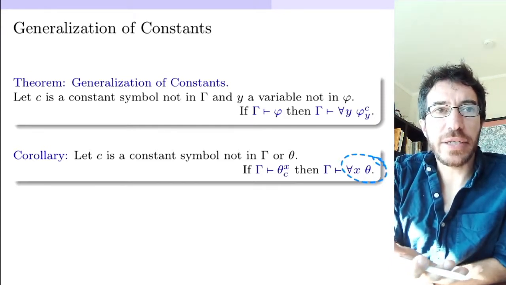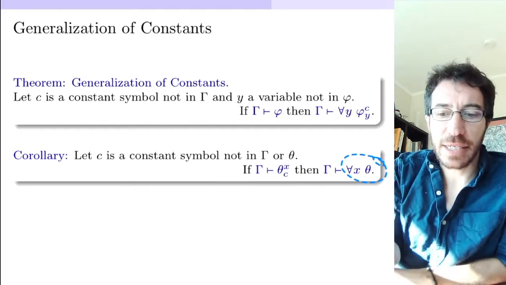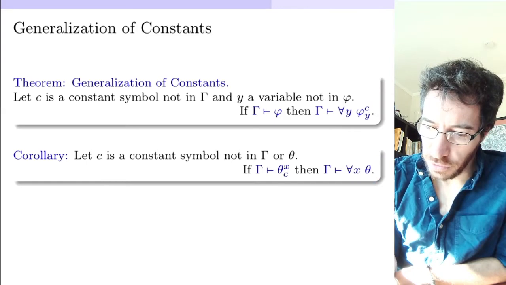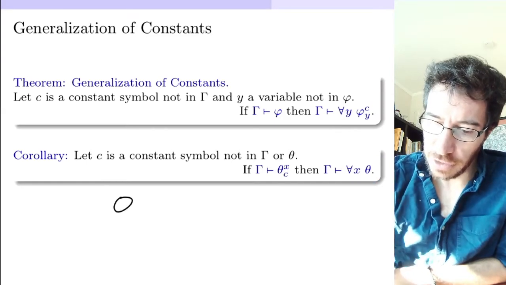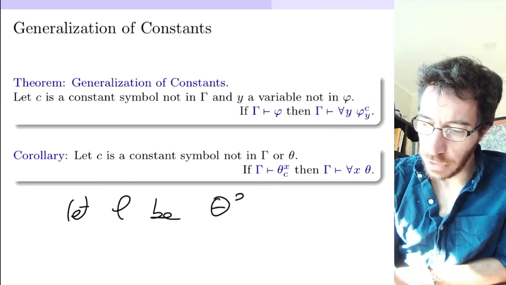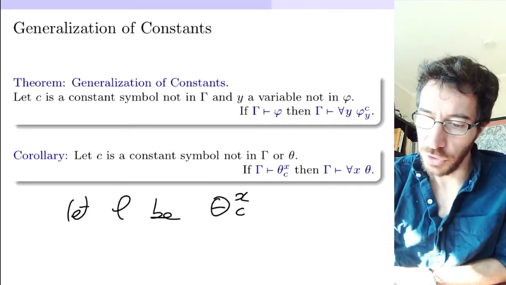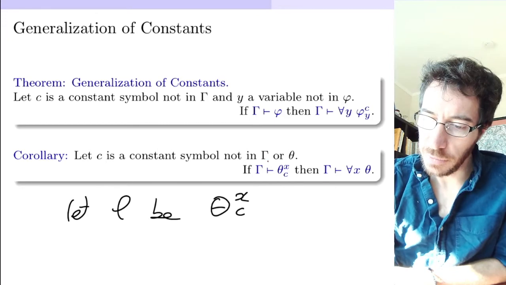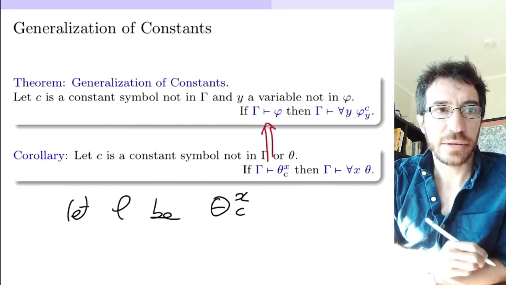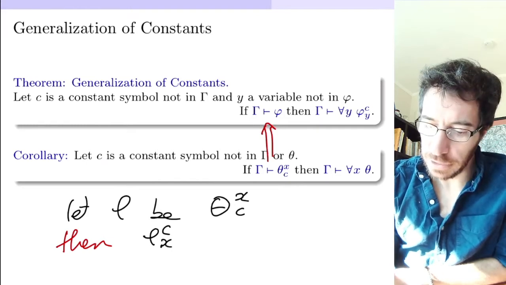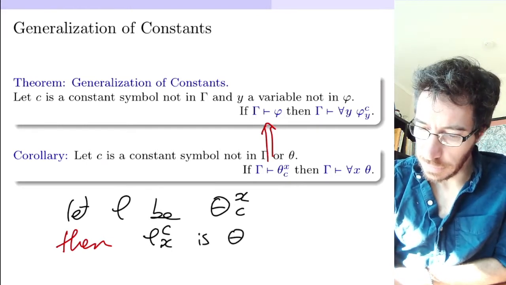The proof of this is essentially the same thing as before. You want theta, so you just take phi to be theta where x is replaced by c. Then phi where c is replaced by y is essentially theta by definition.